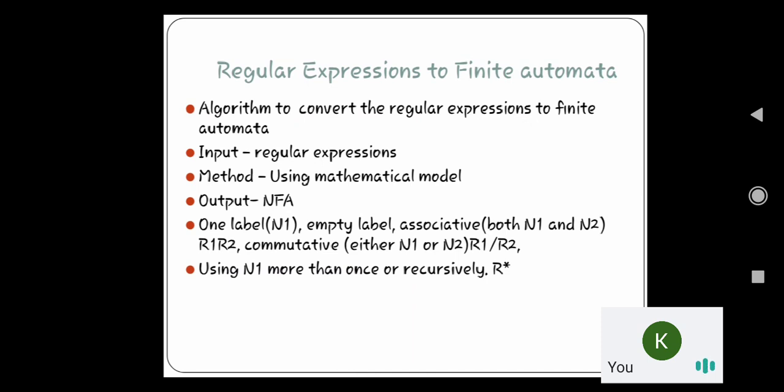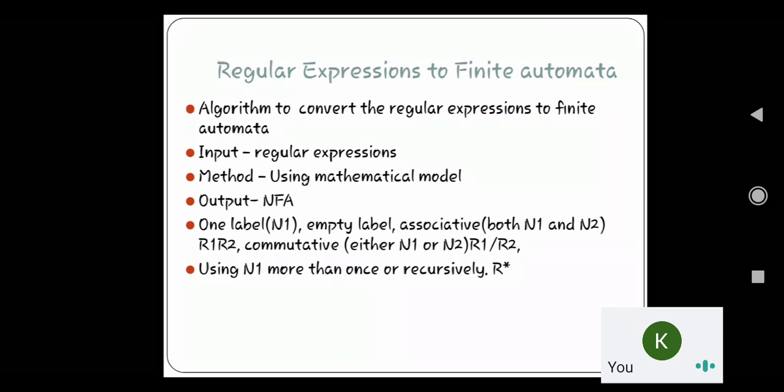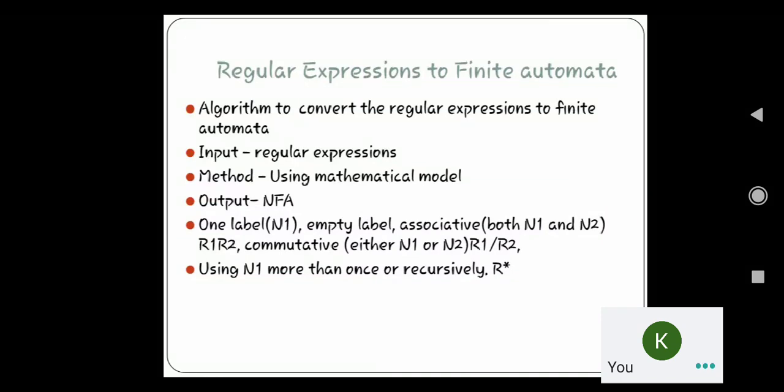Here, whatever label that you're going to pass, not the empty label, the label it passes either through N1 or through N2. It's very simple. Whatever label that you're going to pass to this NFA, it is going to use either N1 or N2, and finally it produces some results. But here you don't have any concatenation. We are not going to merge anything over here.